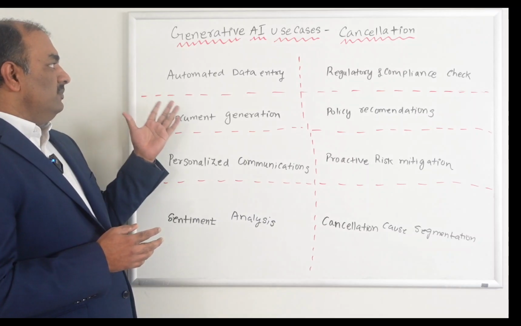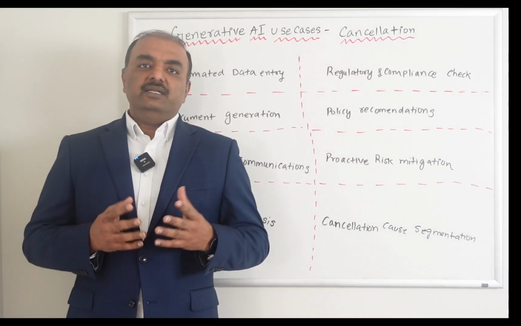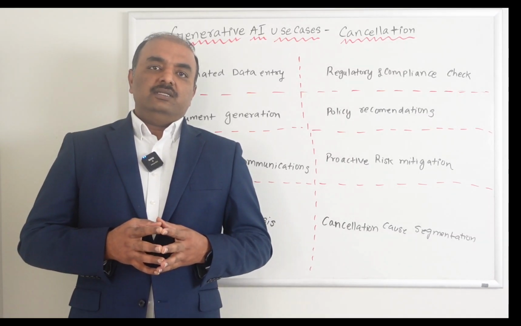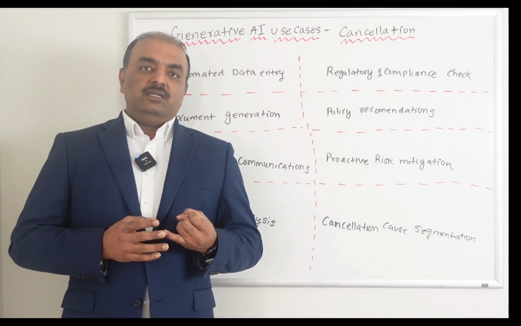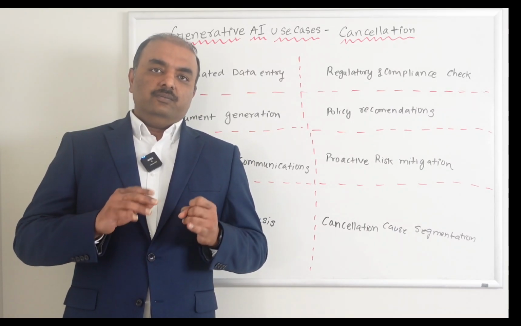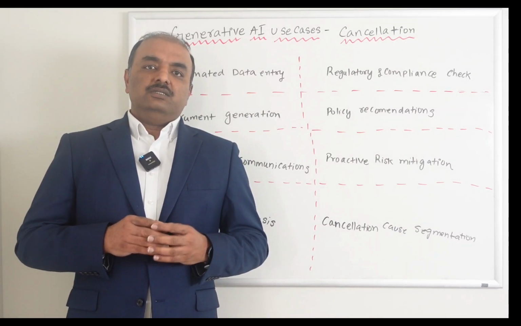Step number 1 is automated data entry. This is a very tedious process because when you enter the data manually, there are two issues. One, the data could be wrong because of the manual entry, or it's going to take a lot of time.